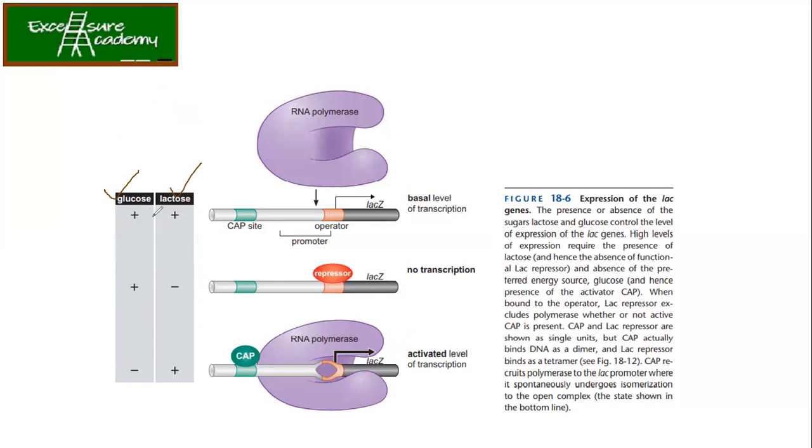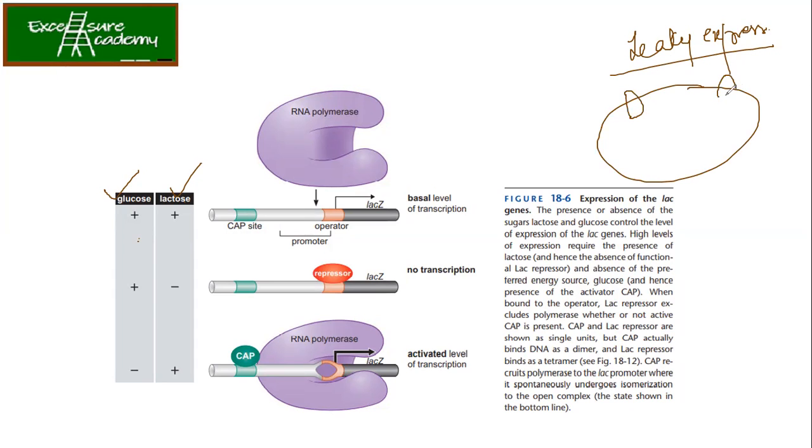When both are present, glucose is there, lactose is there. The first preference of any organism is to utilize glucose. But because of leaky expression, E. coli had one or two copies of lactose permease.